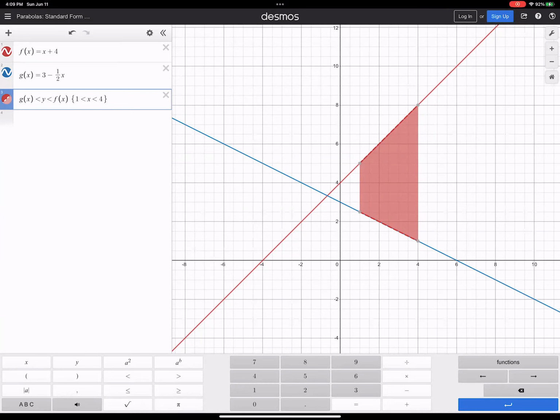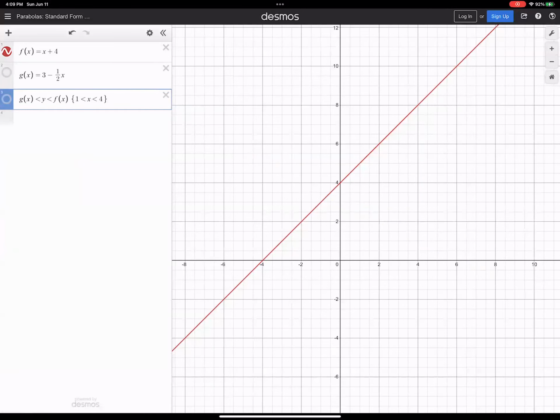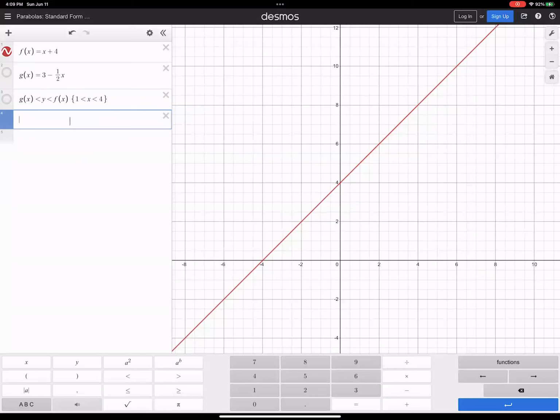So now let's take a look at what our graph would look like normally. So normally we would have the function where f of x is less than y, f of x is greater than y.